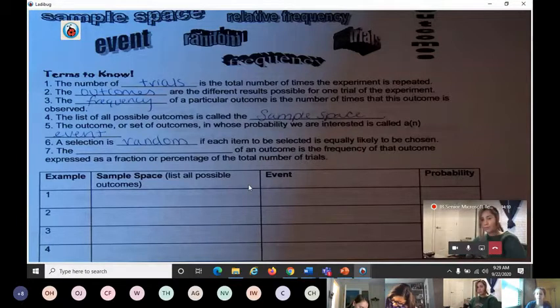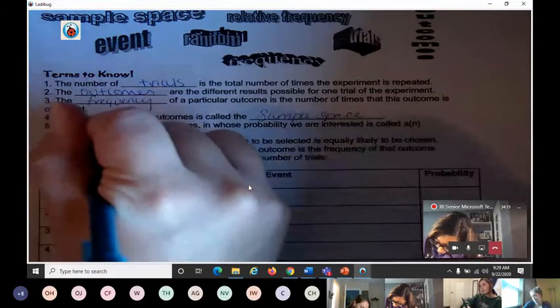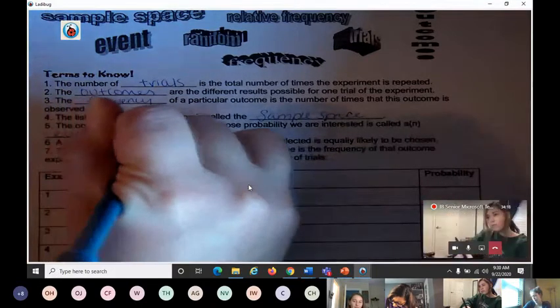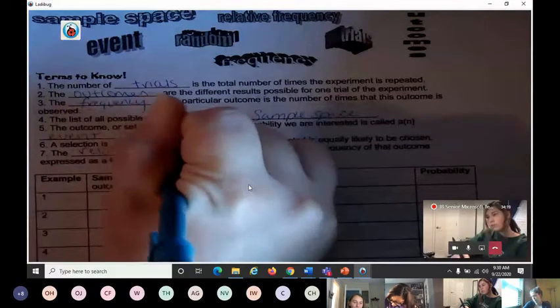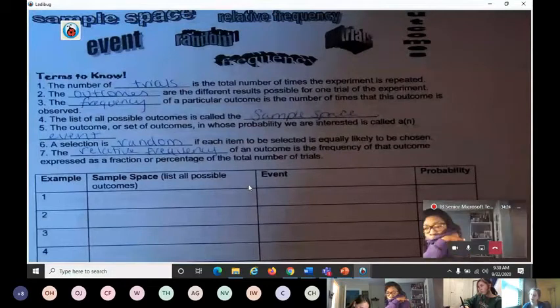Very last one is the relative frequency of an outcome is the frequency of that outcome expressed as a fraction or percentage of the total number of trials.